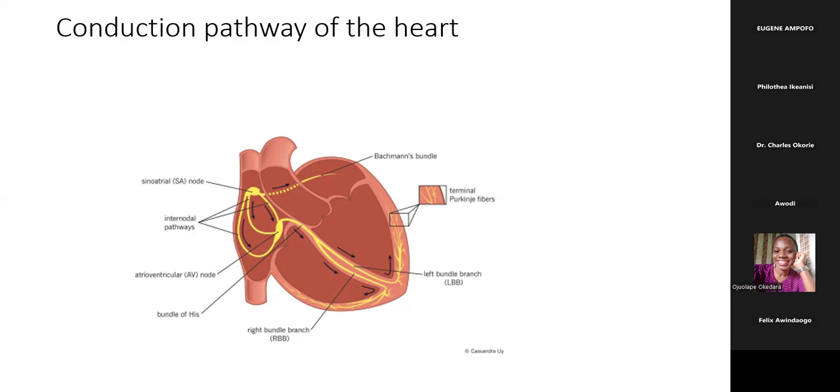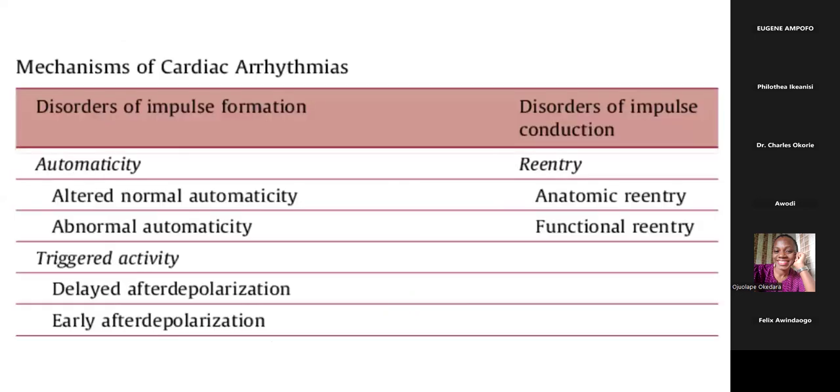So we have mechanisms of cardiac arrhythmia: disorders of impulse formation and disorders of impulse conduction. There might be some abnormality in the formation of the impulse, and the other could come from the impulse conduction through the pathways that I previously described.